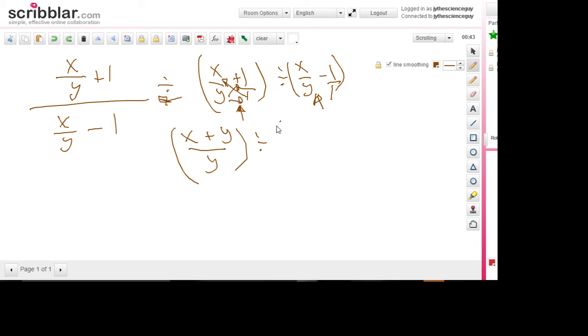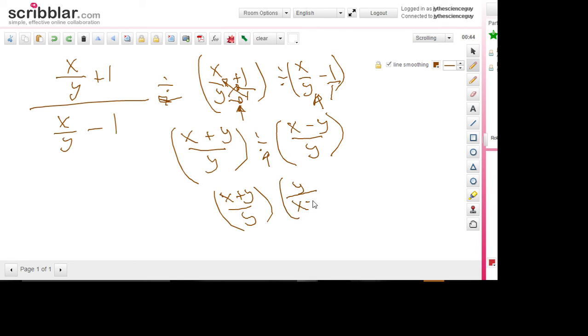So it's going to be x minus y over y. Now deal with the division symbol. So then it's going to be the reciprocal. So it's going to be x plus y over y times y over x minus y.